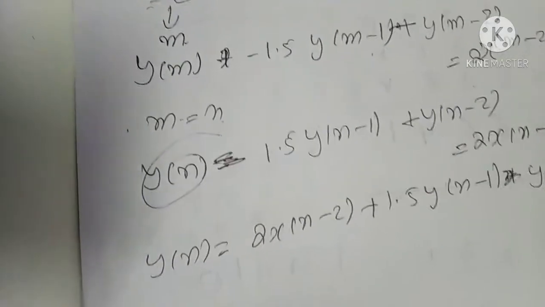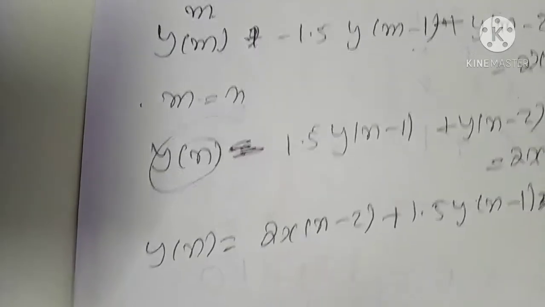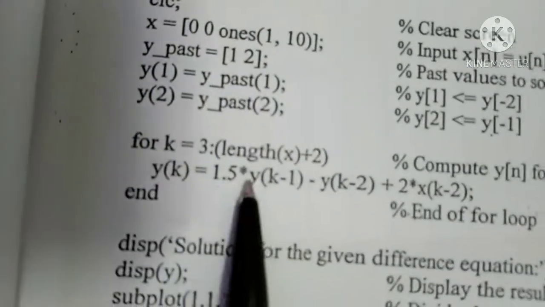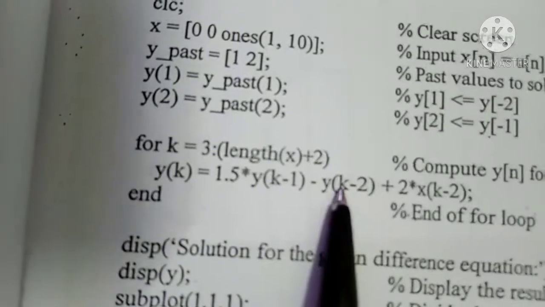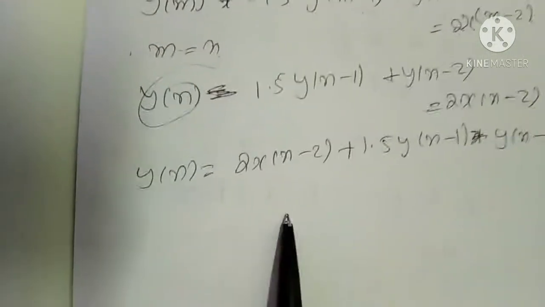So this is an equation, and this equation I have to write in the program. So I have written the same thing in the program. Instead of n, we have taken y of k: 1.5 into y of k minus 1 minus y of k minus 2 plus 2 into x of k minus 2. Same thing, whatever is present here. This expression we have written there.